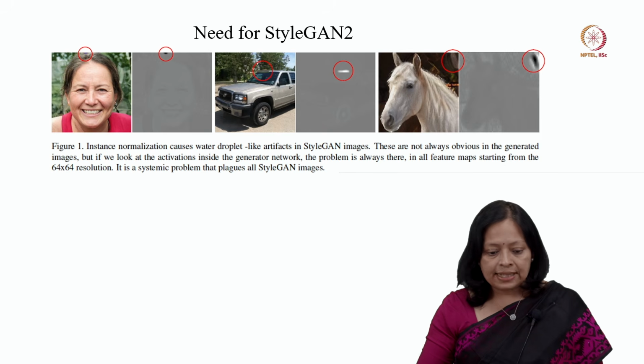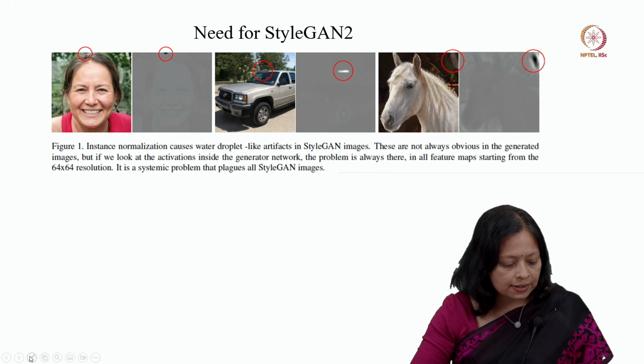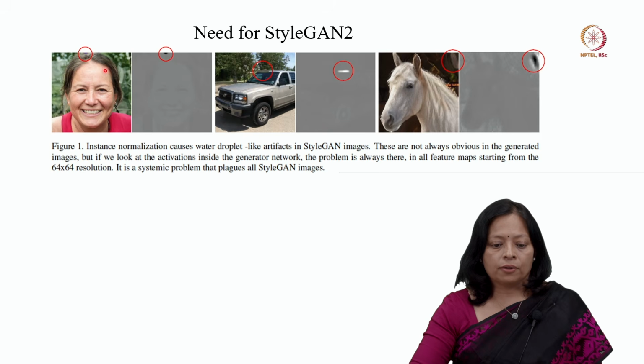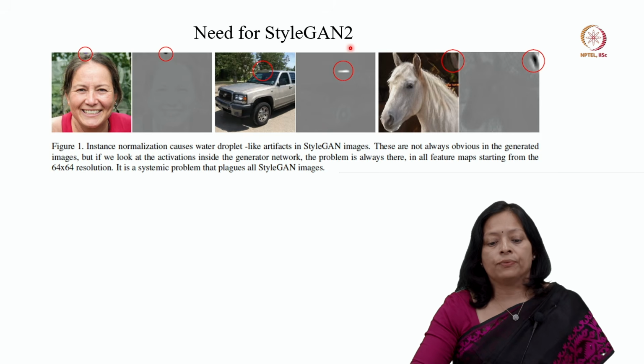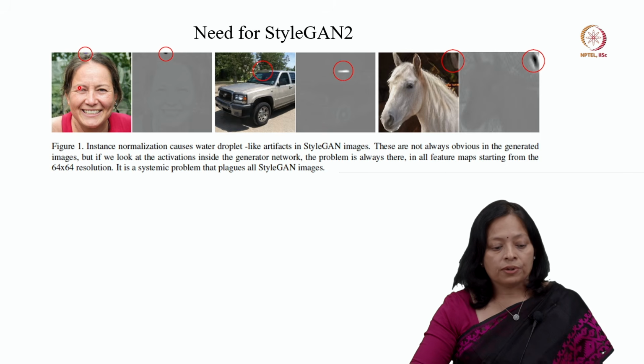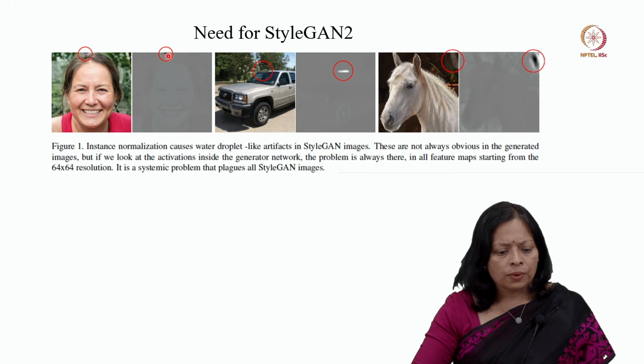If we see here in this picture, taken from the original paper where StyleGAN 2 was introduced, this is a picture of a human face, and at this point it may not be visible in the image, but if we look at the feature map, there is a kind of artifact, a water droplet kind of thing that is present here.